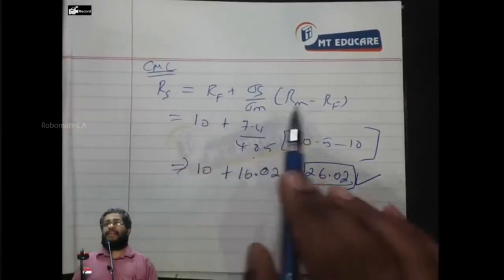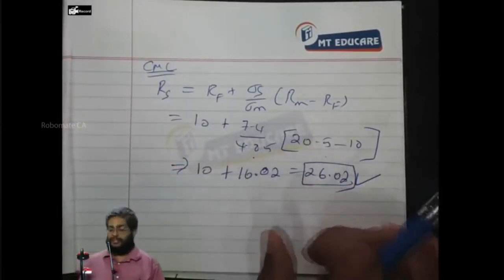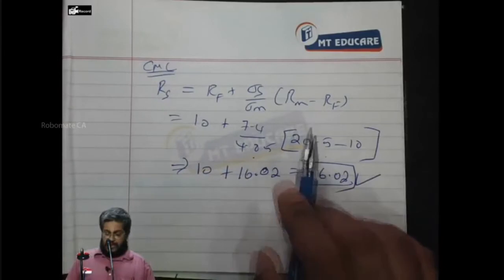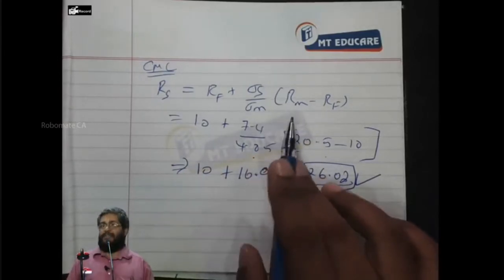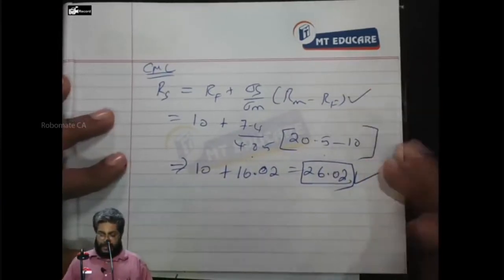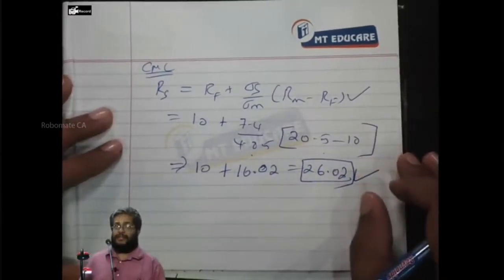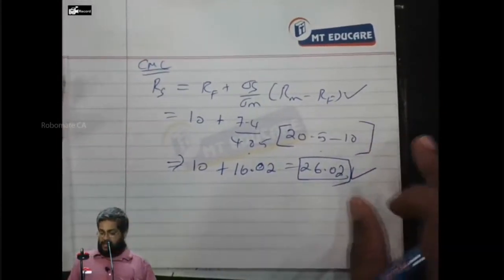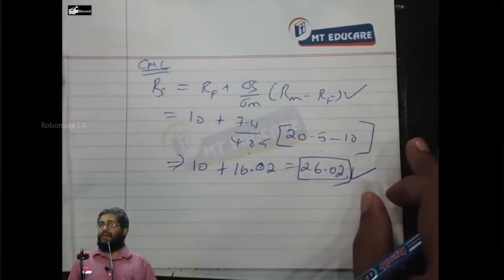Return of security is equal to RF plus sigma S by sigma M into Rm minus Rf.